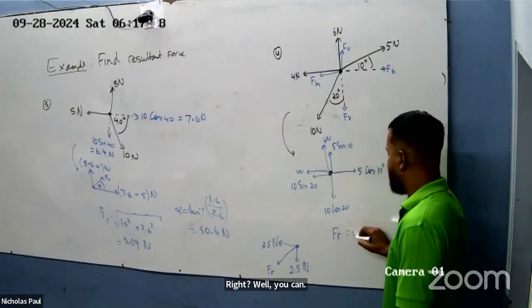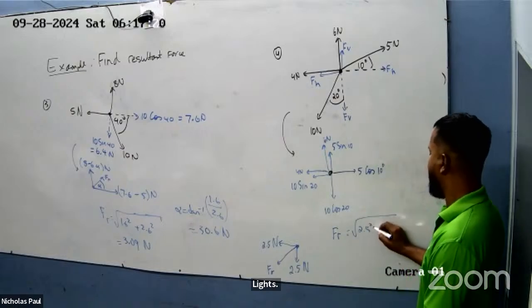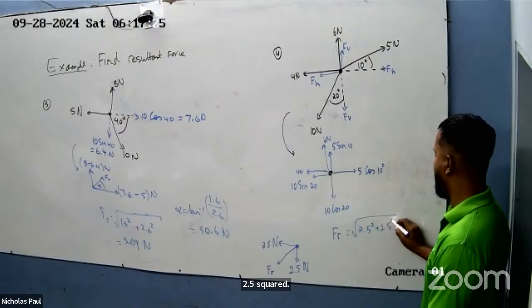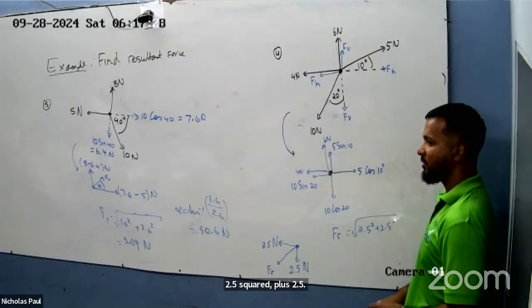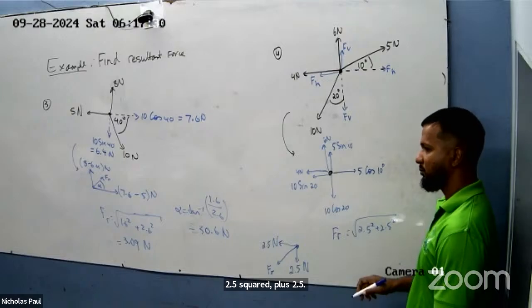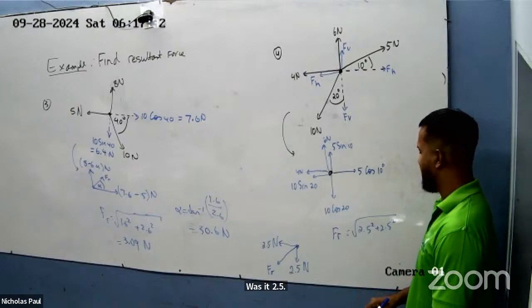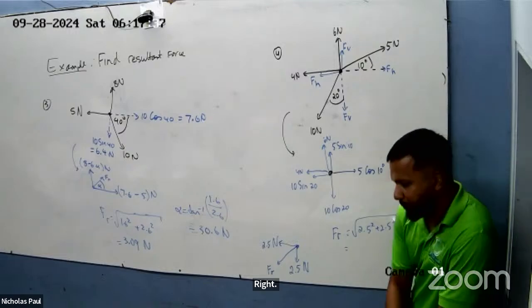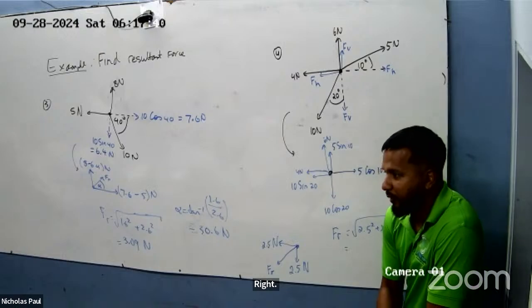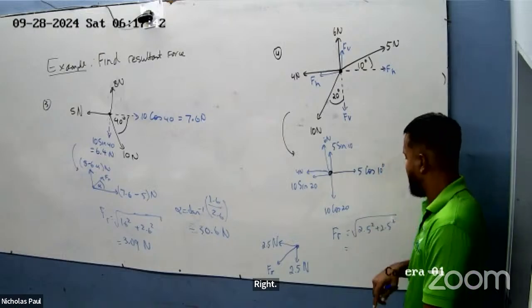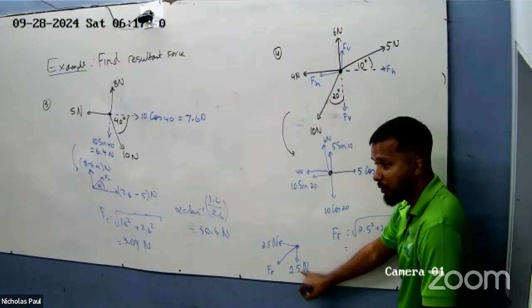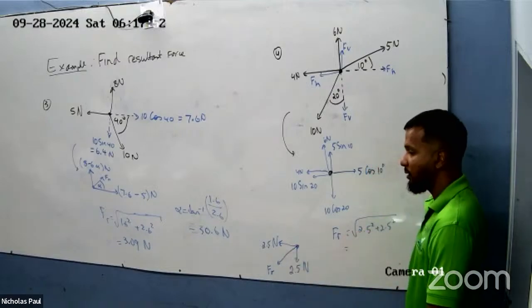So the resultant is the square root of 2.5 squared plus 2.5 squared. Did you all get these values?